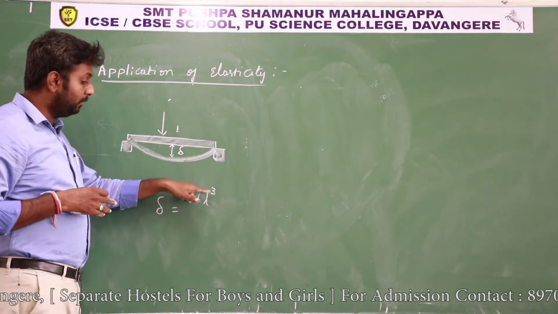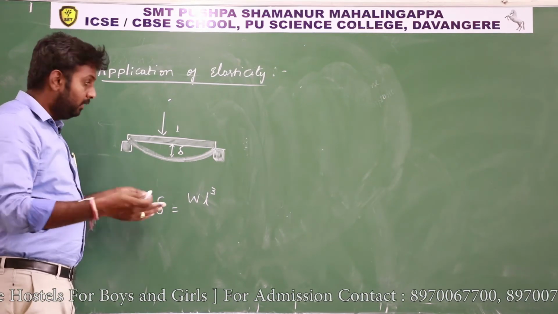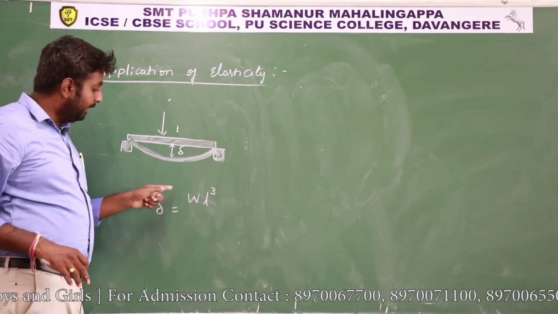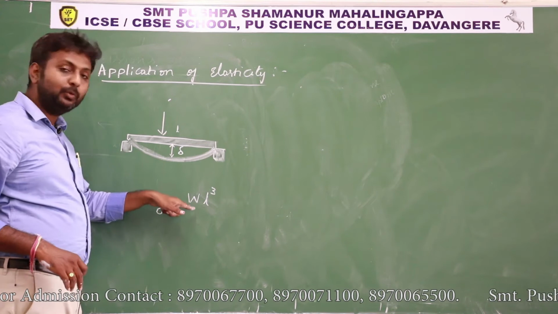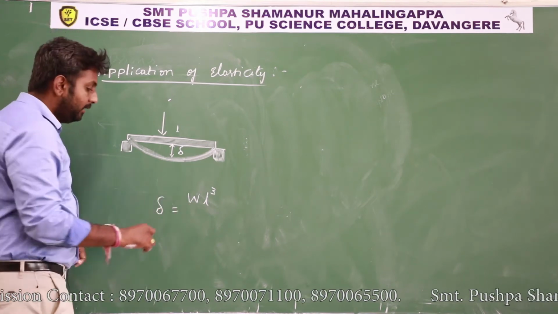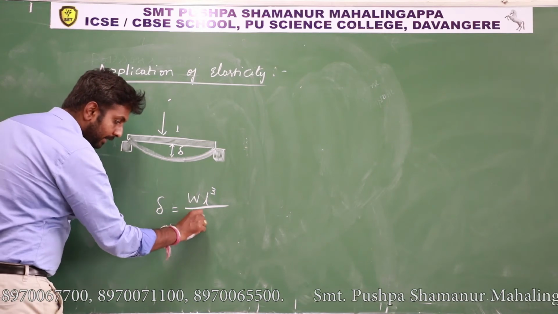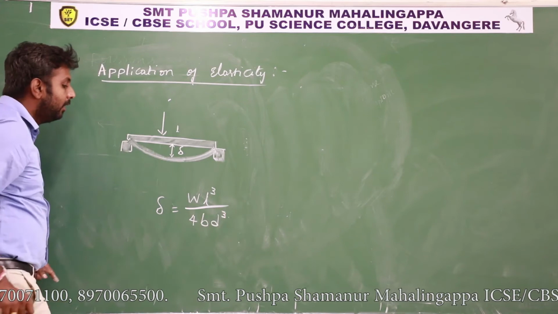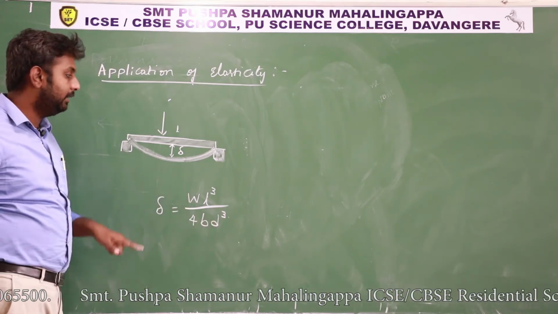This is L cube. If we increase the length 2 times, the depression will increase by 8 times. So it is directly proportional to L cube, and directly proportional to weight, and the formula is given as W L cube by 4 B D cube, where B is called breadth and D is called depth.